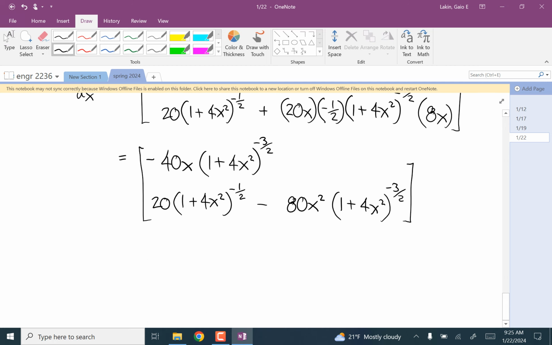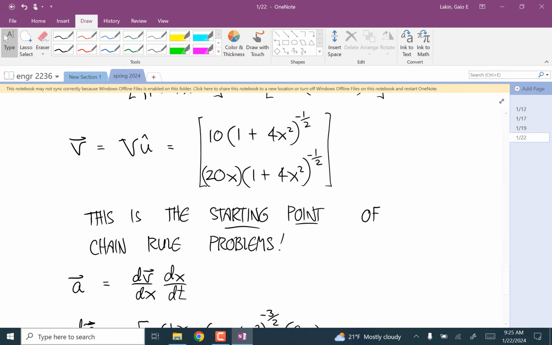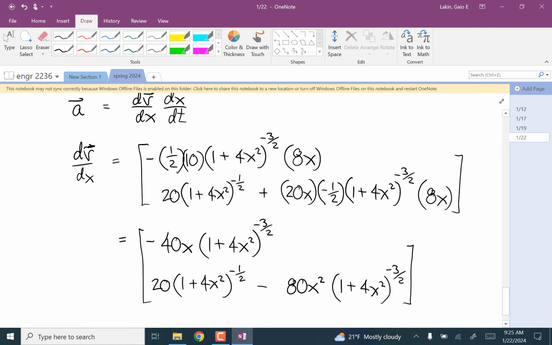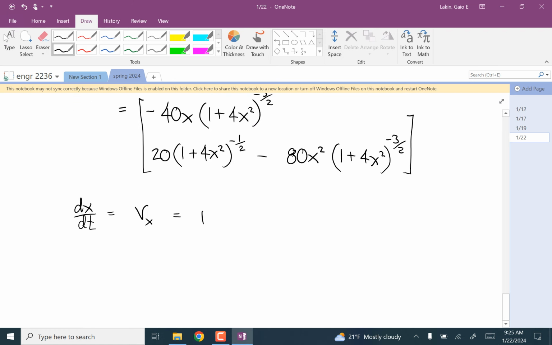dx/dt is the x component of the velocity, which is this thing, 10 times the quantity 1 plus 4x squared to the negative 1/2.